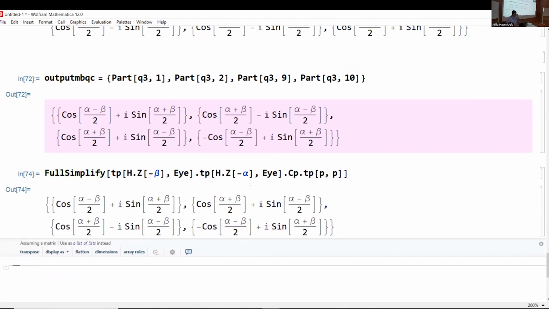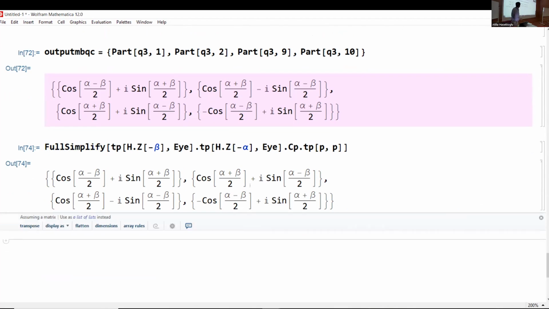Excellent. Okay, so now what we've done through a measurement-based scheme, preparing a cluster state in a particular fashion, is implement a 2-qubit gate, a multi-qubit gate.